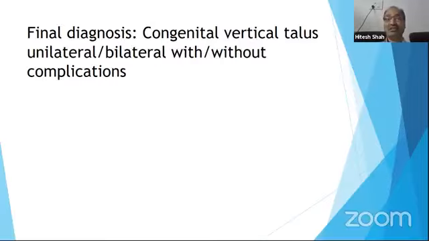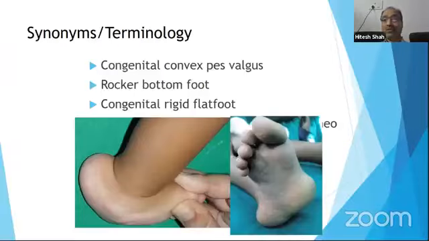The terminology is convex pes valgus, or rocker bottom foot, or sometimes congenital rigid flat foot, but the most common terminology used is congenital vertical talus.